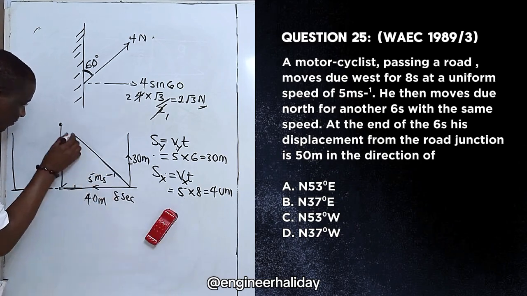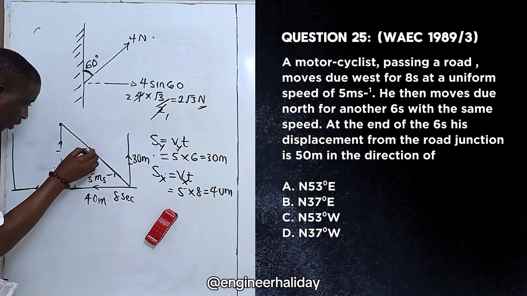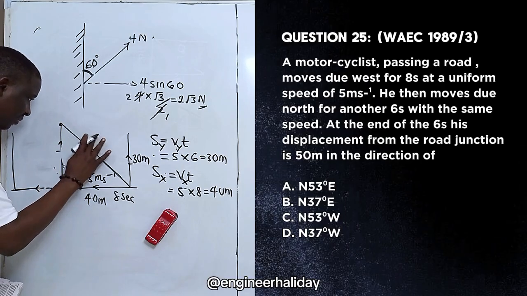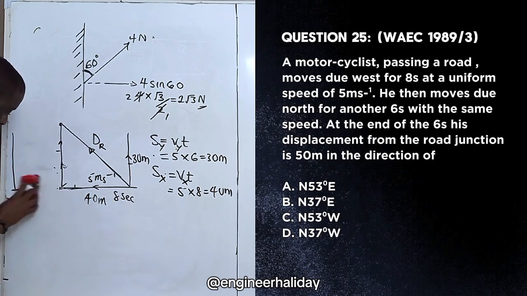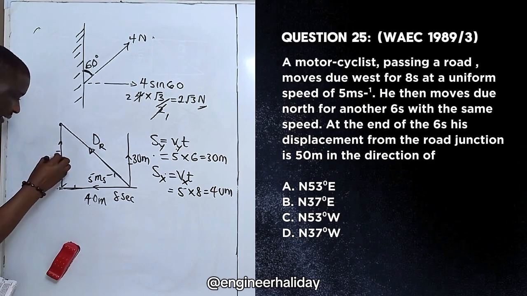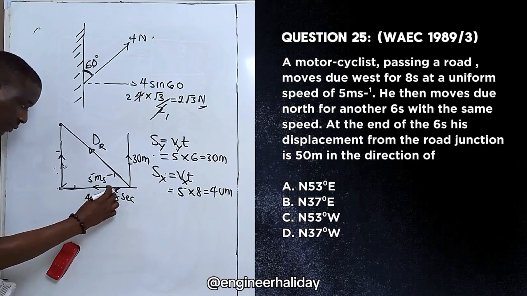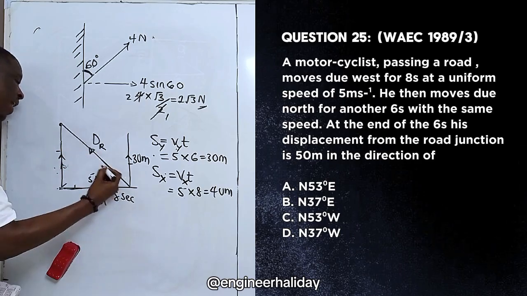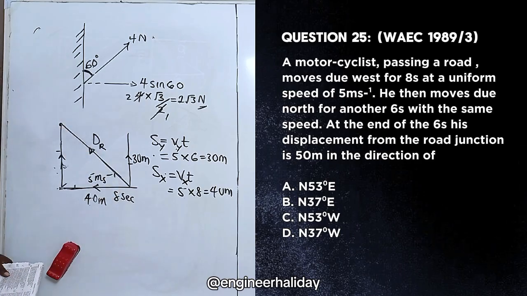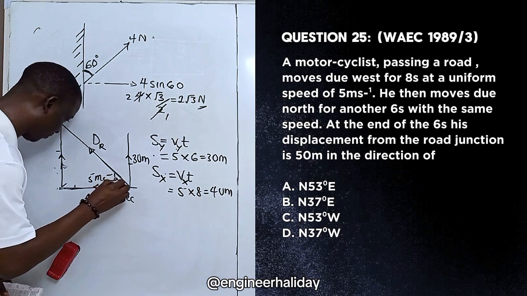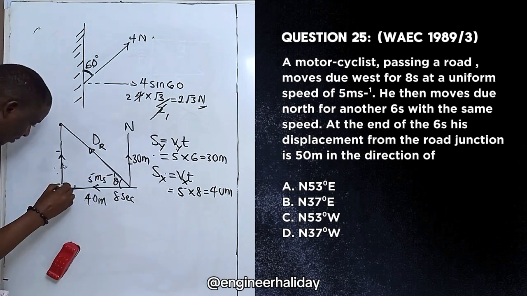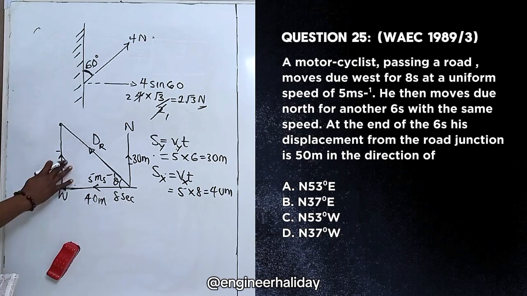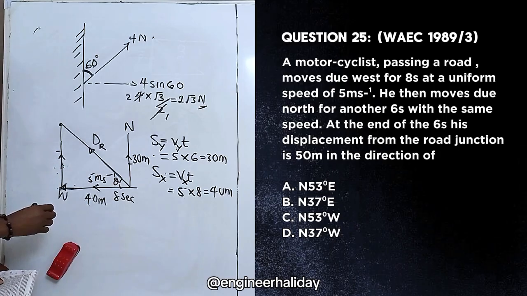So this will be your resultant displacement, dr. No need to use this one, so this one will now be moving up. They are going in the same direction now, while the resultant is against it. Then this is the direction. This is north and this is west. So it's very clear now. You must pick the right direction. If not, you miss it.